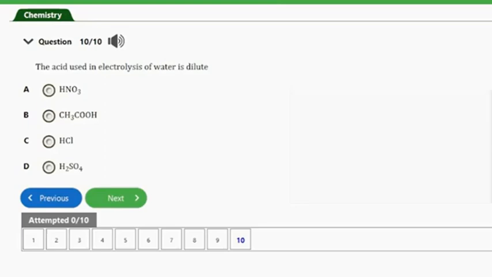Actually, dilute sulfuric acid is the acid used in the electrolysis of water. So electrolysis of water actually involves the decomposition of water into oxygen and hydrogen gas due to electric current being passed through the water. So that's it, guys, for that question.